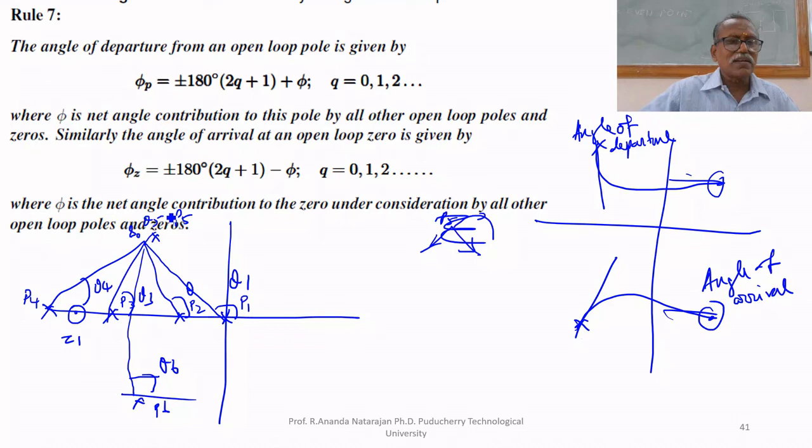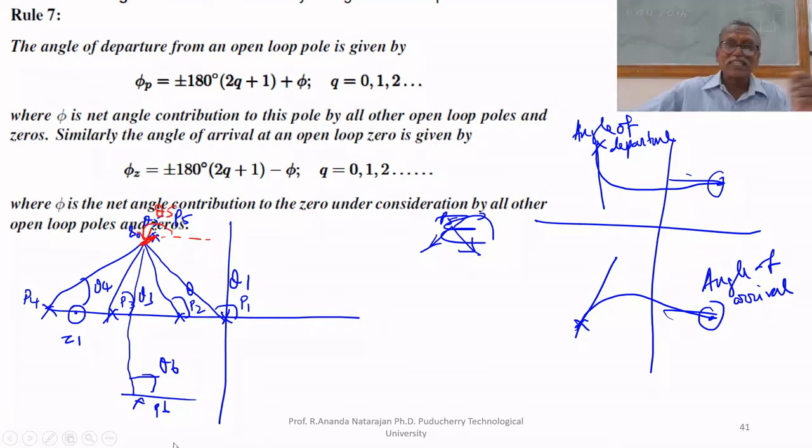The angle of departure from P5 is theta 5. We do not know what angle it is coming out. If you join the line P5 and S0, that is the angle. Theta 5 we have to find.